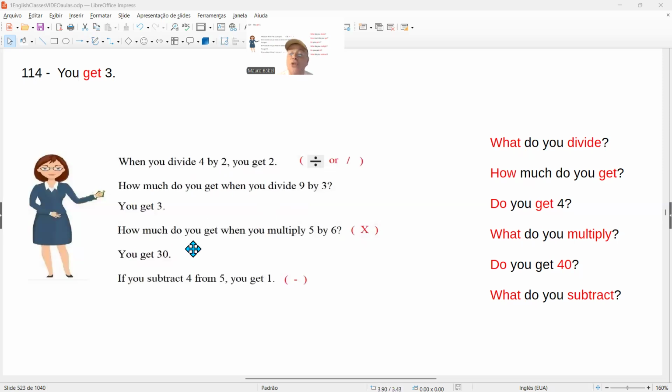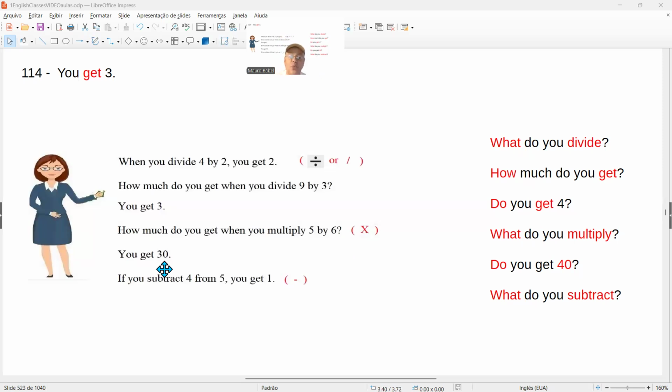How much do you get when you multiply 5 by 6? You get 30. How much do we get when we multiply 10 by 2? We get 20.